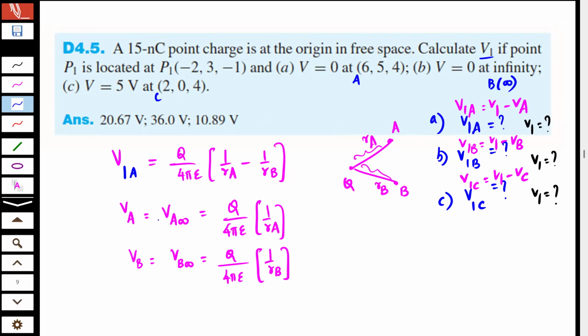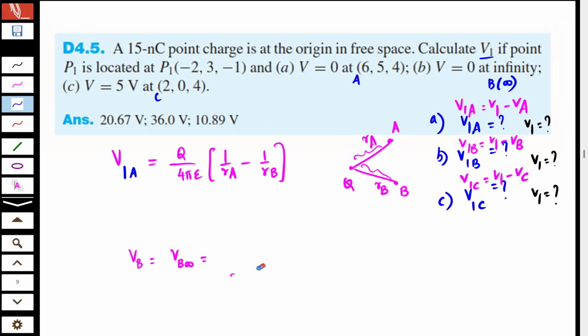So let me start with this formula of subdivision 1. So V1A we should find. So that is Q by 4 pi, the medium is free space, so epsilon naught you should write, into 1 by R1 minus 1 by RA.